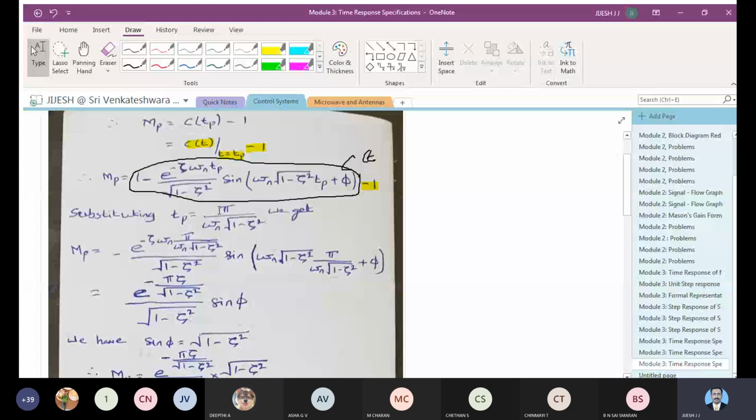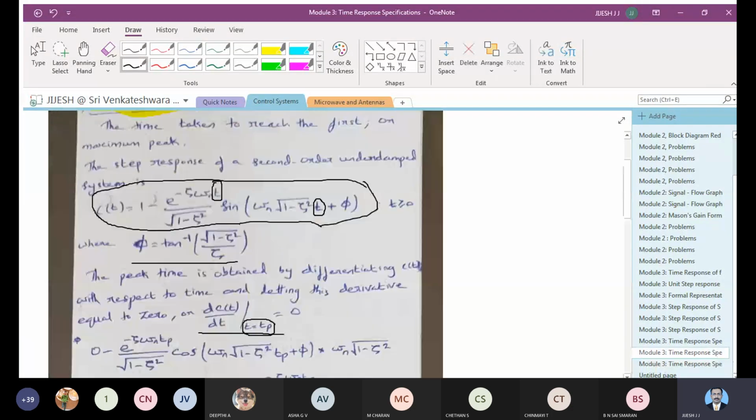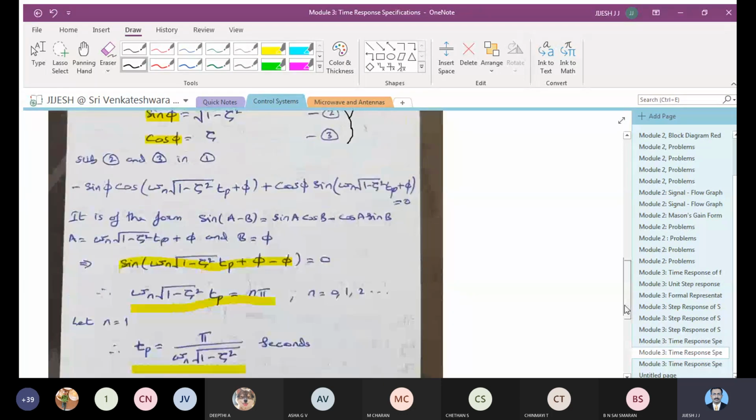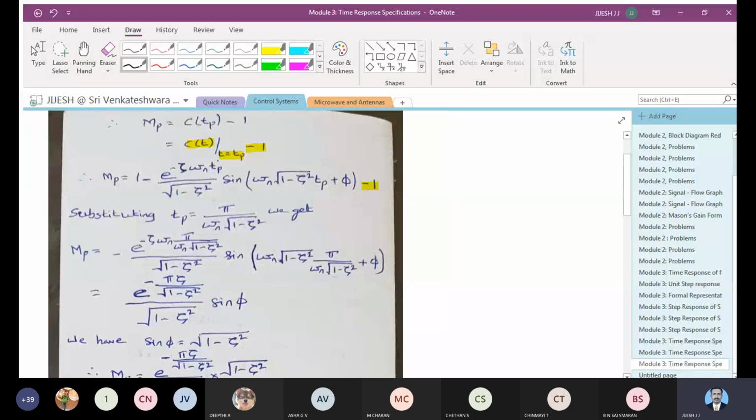So further, we will continue. We have found the equation for Tp in the previous derivation, just before today's class started. Now we are going to use it here. Here Tp is there, and here Tp is there.